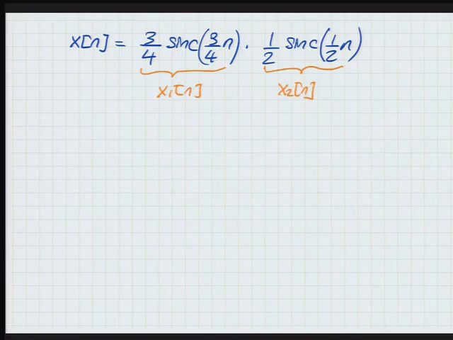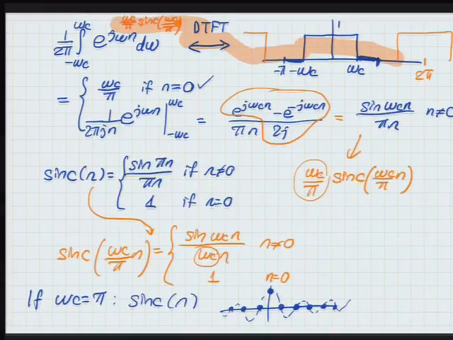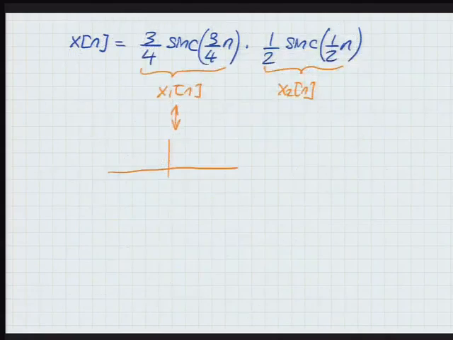So then I can use the multiplication property. So I will have to take the convolution of their DTFTs. But what are their DTFTs from our previous example? What is x1? It's a pulse, right? Where does it end? See, if it's sinc omega c by pi n, then it ends at omega c, right?